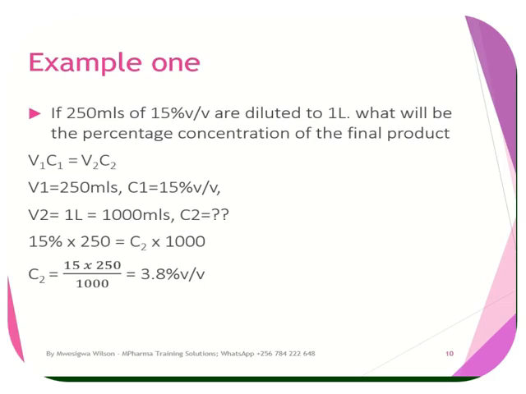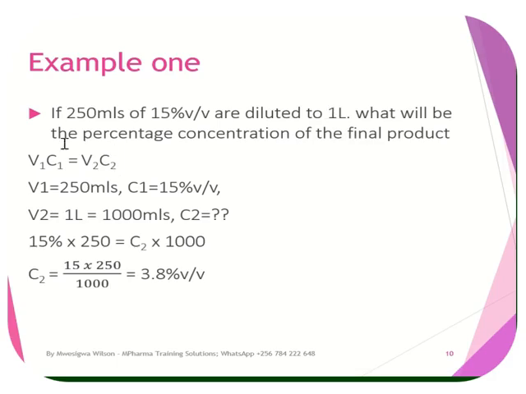I have an example here for us. If 250 mL of 15% volume per volume is diluted to 1 liter, what will be the final concentration of the product? If you look at this, I have V1, C1, and V2, and I'm looking for C2.